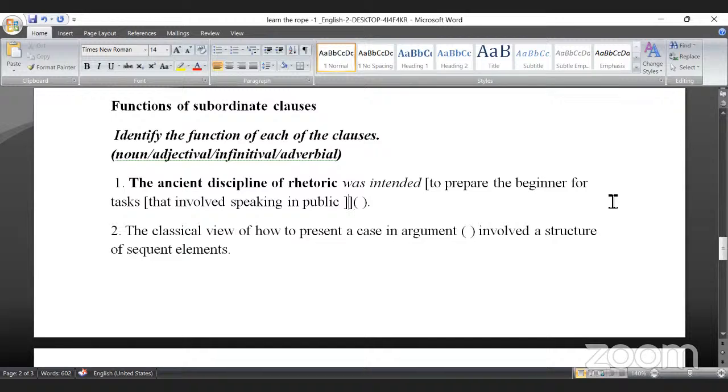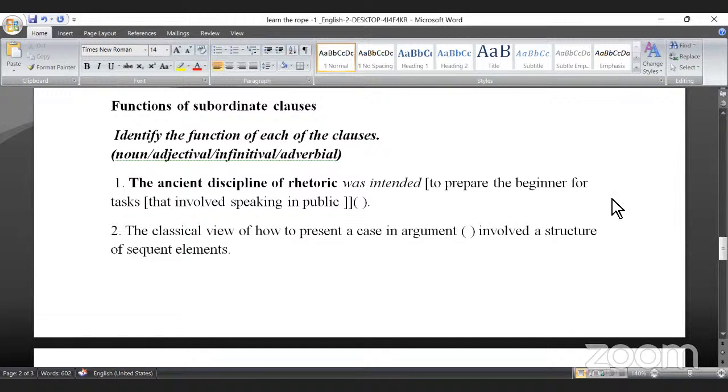Yes, sure. Okay. So to prepare the beginner for tasks that involve speaking in public is your subordinate clause, right, which acts as the object in this sentence. And within that, you have an embedded clause that involves speaking in public. That is your adjectival clause. To prepare the beginner for tasks that involve speaking in public is an example of infinitival clause or non-finite clause, as we call it.